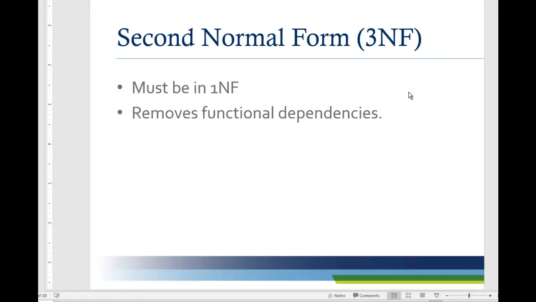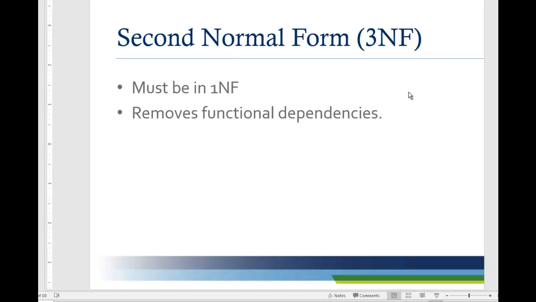After we have achieved first normal form, we need to make our tables be in second normal form. For a table to be in second normal form, it must satisfy the requirement for first normal form, and we know that what we have is already in first normal form because we did that earlier.